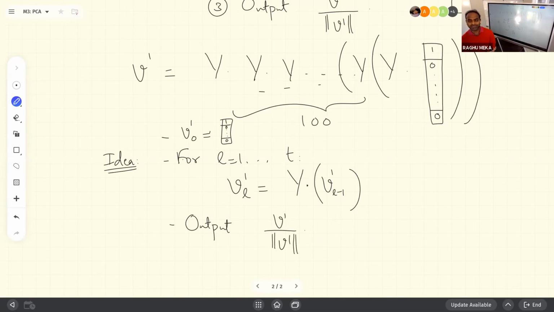Okay, so this is a much faster algorithm, not computing a matrix product ever, which is a super expensive operation. All I'm doing is a matrix vector product, which is much easier computationally.